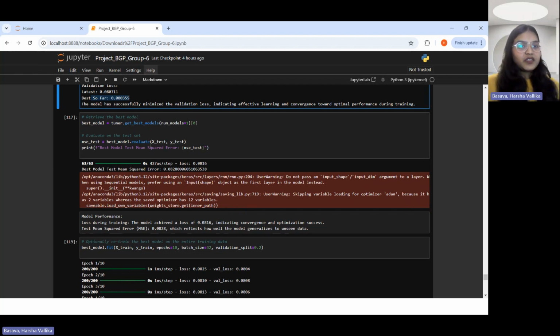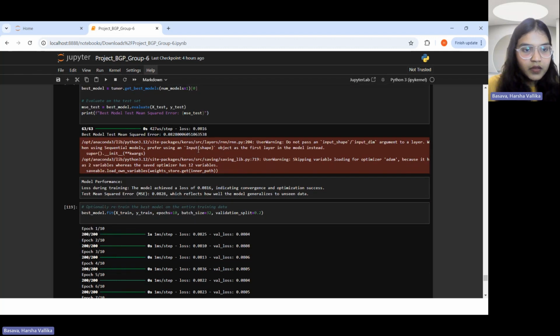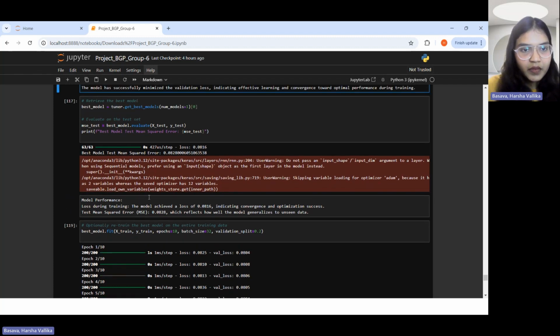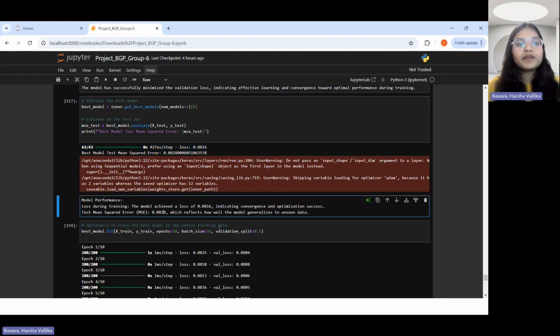So retrieving the best model. If you see this part, the root mean squared error, the model loss during training, the model achieved a loss of 0.08, indicating convergence and optimization success.